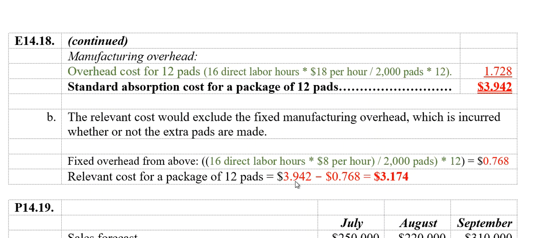We can just take that away from this $3.94 here and get $3.17. So we have to realize that if we decide to increase the amount of pads we're making, then we remove the fixed cost from the decision making in order to decide whether or not to proceed. We want to look at just the variable cost when we make that kind of decision.